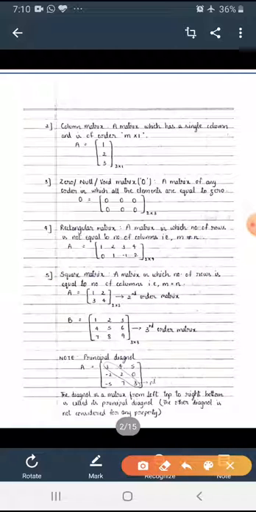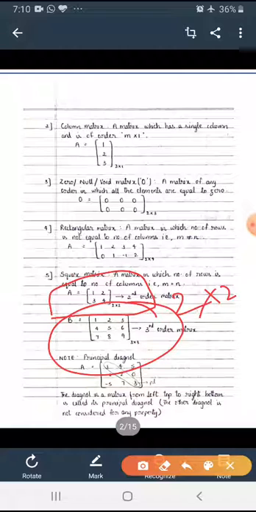Now observe here, A equal to 1 2 3 4. Here 2 rows and 2 columns are there. So this is a square matrix of order 2 by 2. One more matrix is also there. Here 3 rows and 3 columns are there. Now this order is 3 by 3. So this is a square matrix.